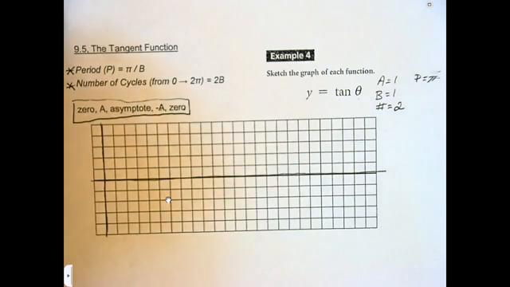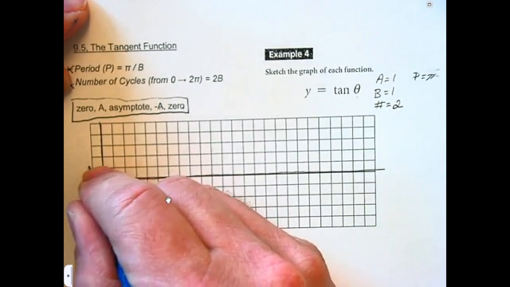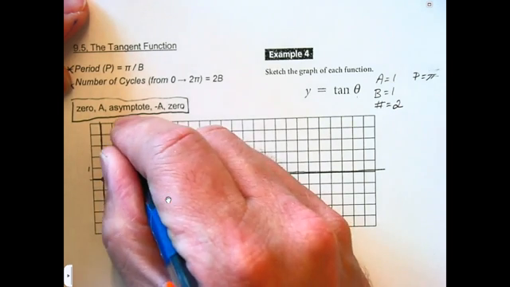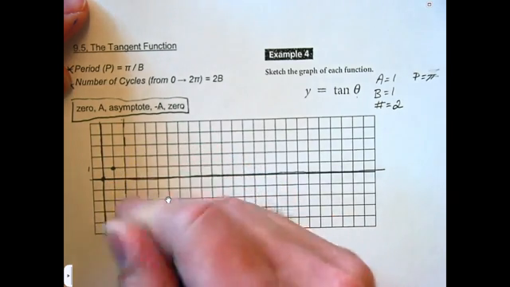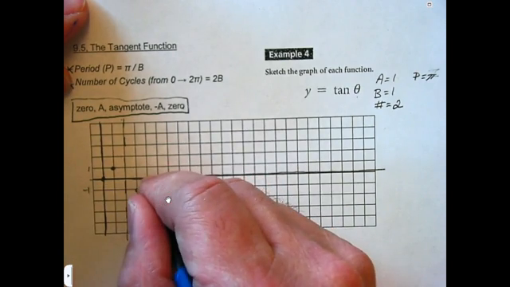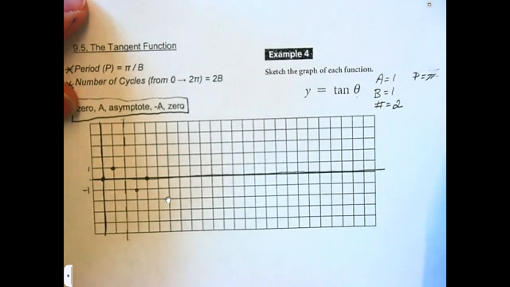And so we'll go 0, a, which is 1, asymptote, negative a, and 0. That is one cycle.